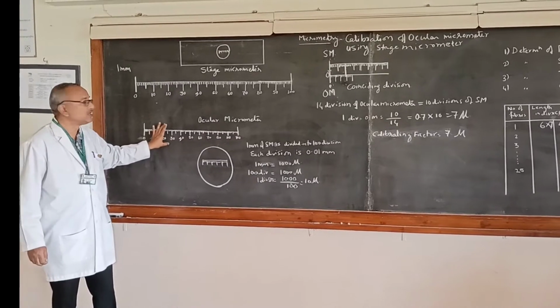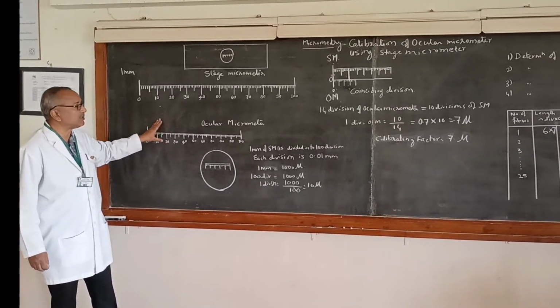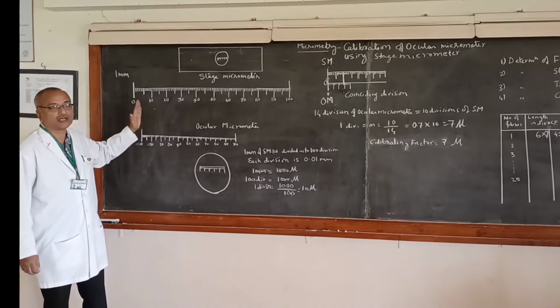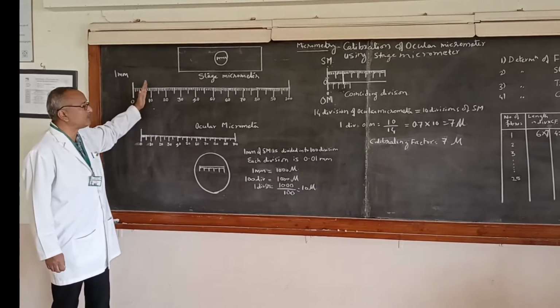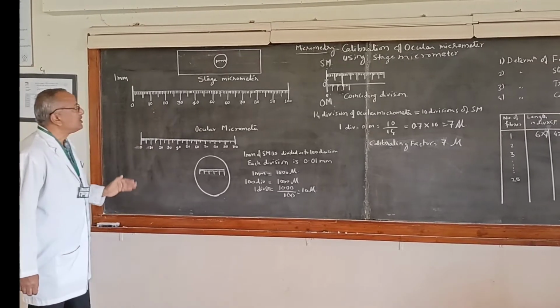So for that purpose we have to standardize or calibrate this ocular micrometer, and in this method we are using the stage micrometer for the calibration of the ocular micrometer itself.